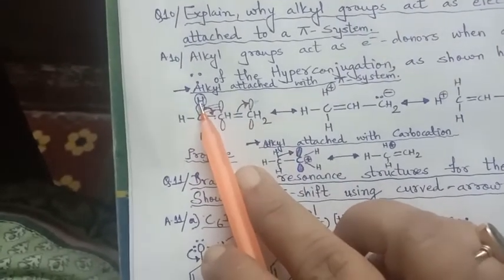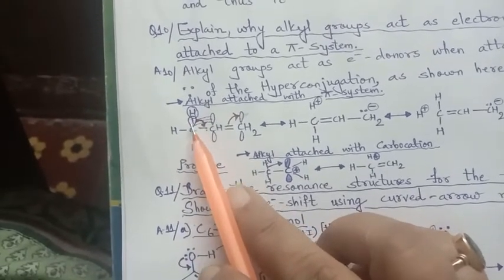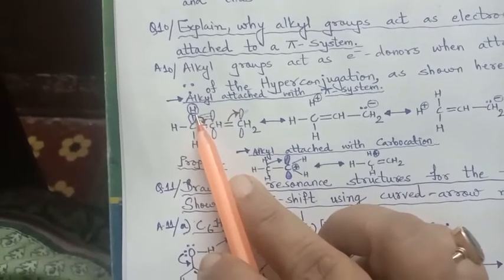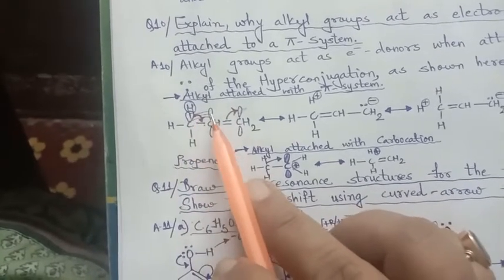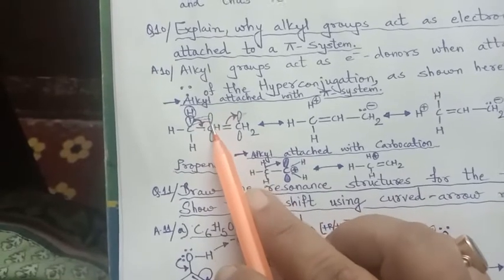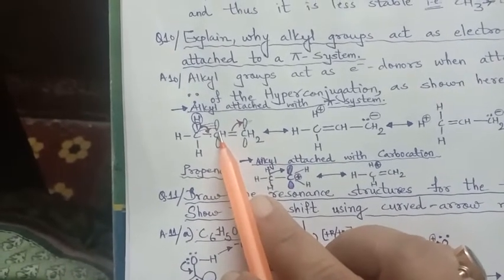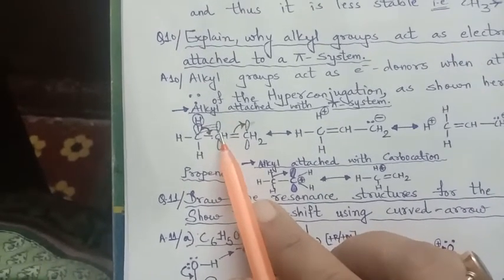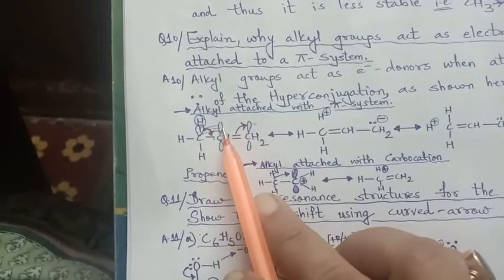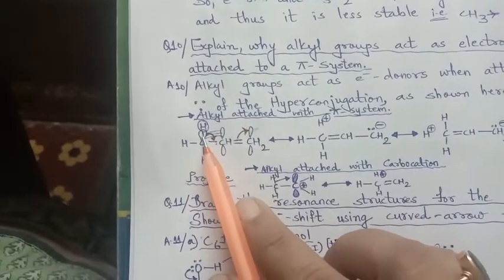Now this hydrogen has its s orbital arranged with the p orbital, and it will try, because this is over here, which is not having a covalent bond, right? It is not a sigma bond, it is a pi bond. So it has a little weakness. So this bond will try to overlap.